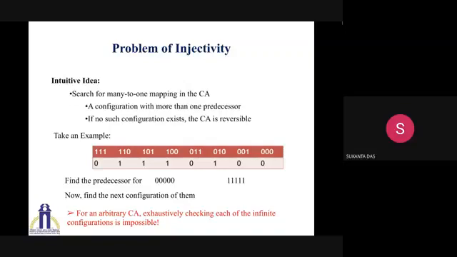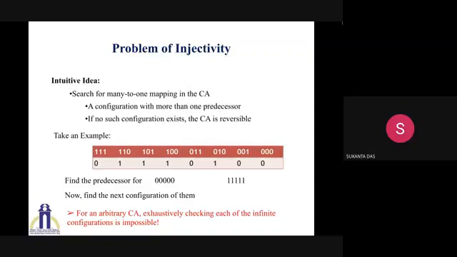So the intuitive idea is, how can we proceed? The way is we have to find a many-to-one mapping in the CA. You have many configurations.